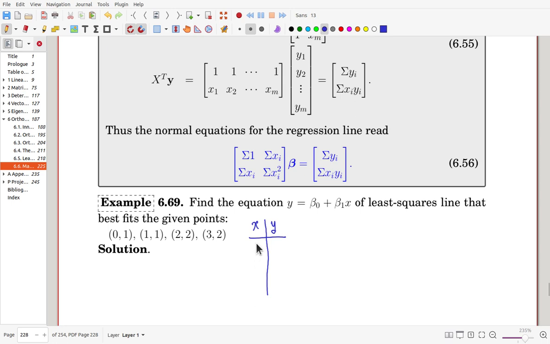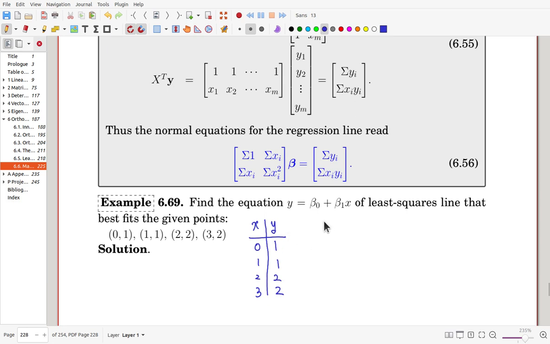Y values are 1, 1, 2, 2. Okay, we have the data displayed.